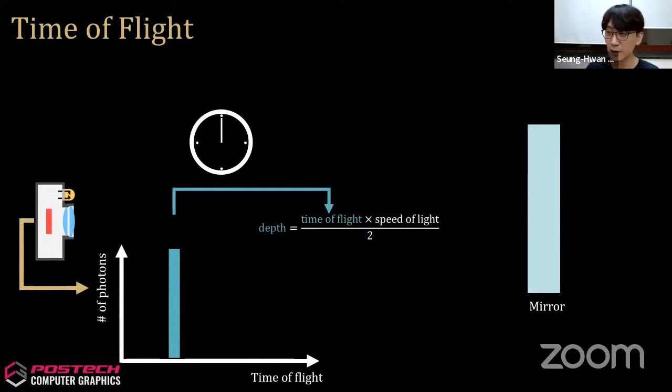So since the emittance of the light, we measure how long it takes the light to come back to the camera, right? And this time of flight information can be converted into the depth information of the scene based on this simple formula: depth equals time of flight multiplied by speed of light divided by 2.